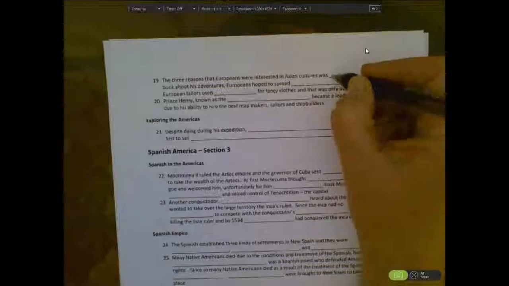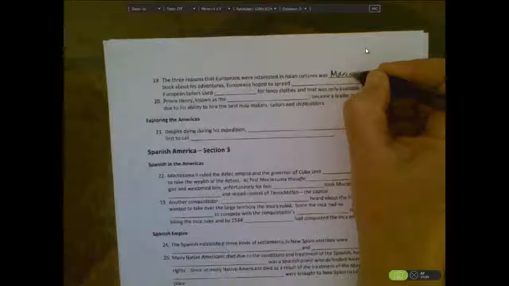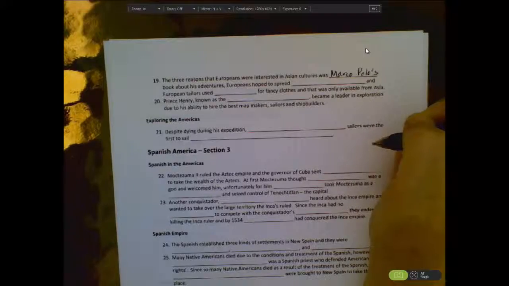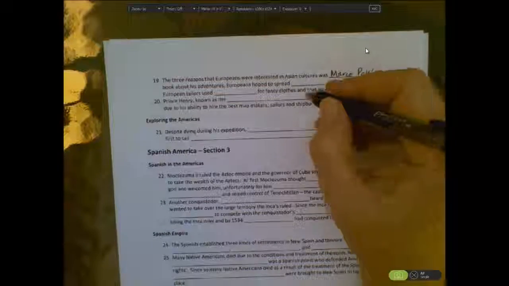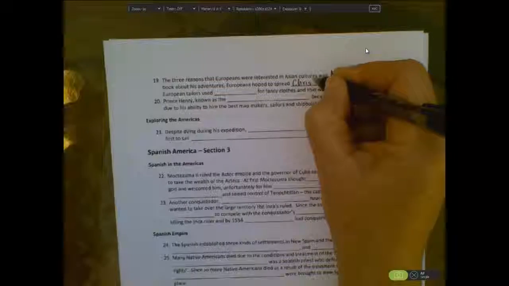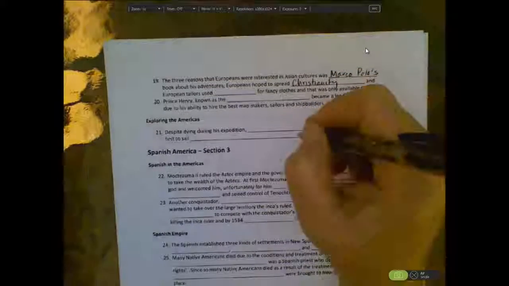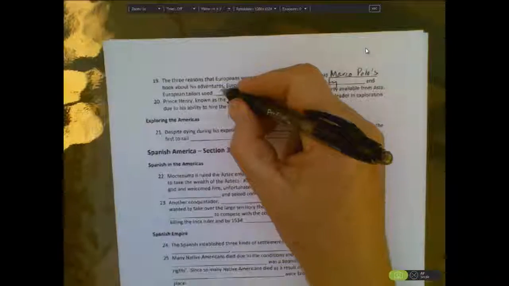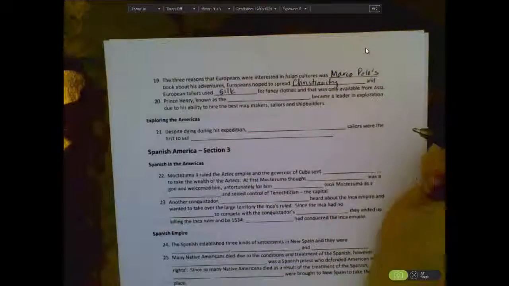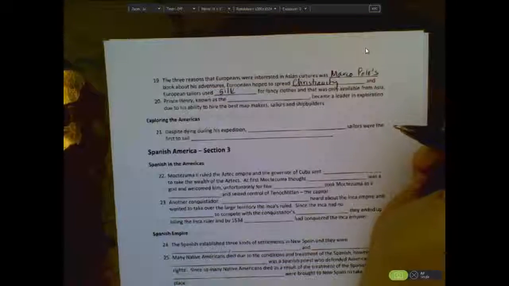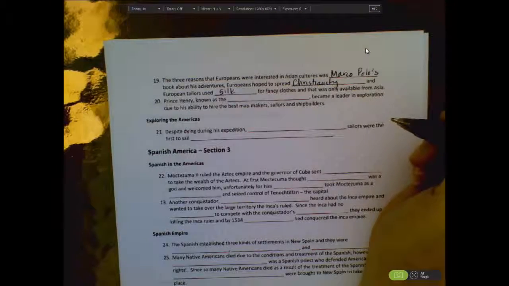Three reasons that Europeans were interested in Asian cultures were Marco Polo's book about his adventures, and the Europeans wanted to spread Christianity, and the European tailors liked to use the silk for their fancy clothes, and it was only available from Asia.